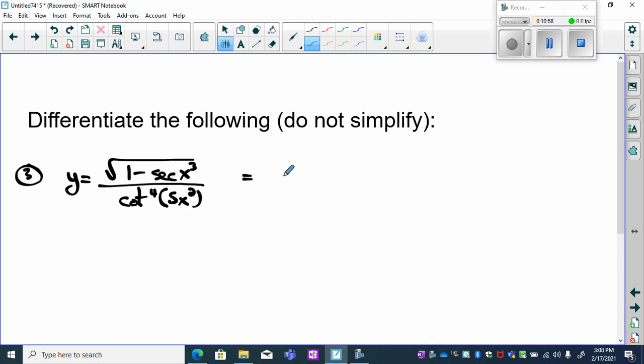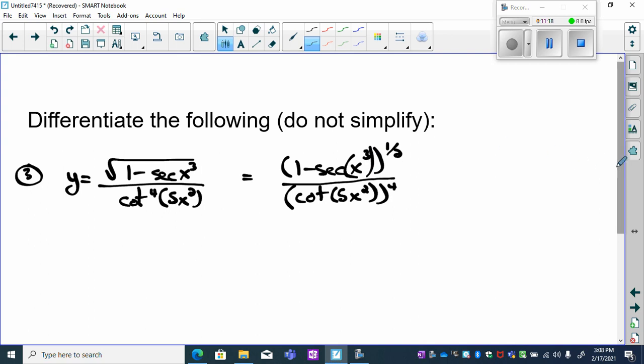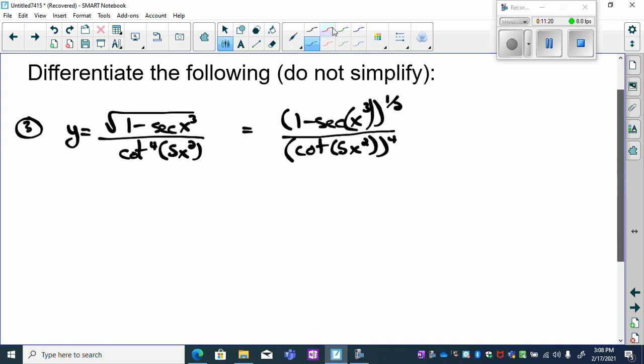You might want to rewrite this with an exponent of 1/2 and the bottom as cotangent 5x squared, all to the 4th. Okay, so this is going to require quotient and chain rule.